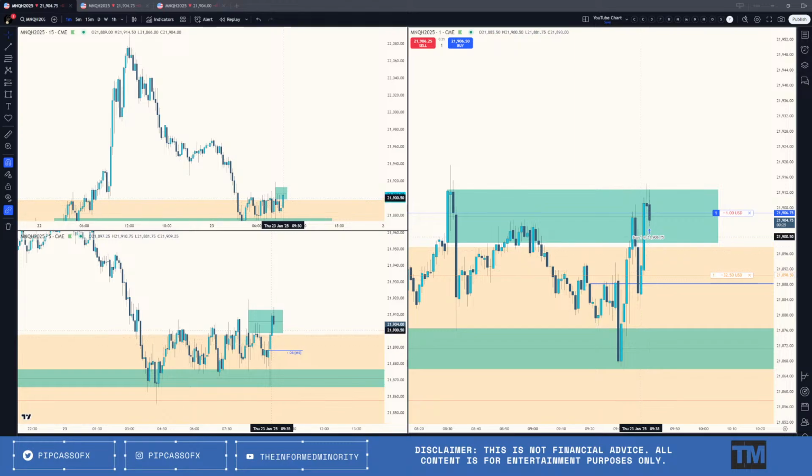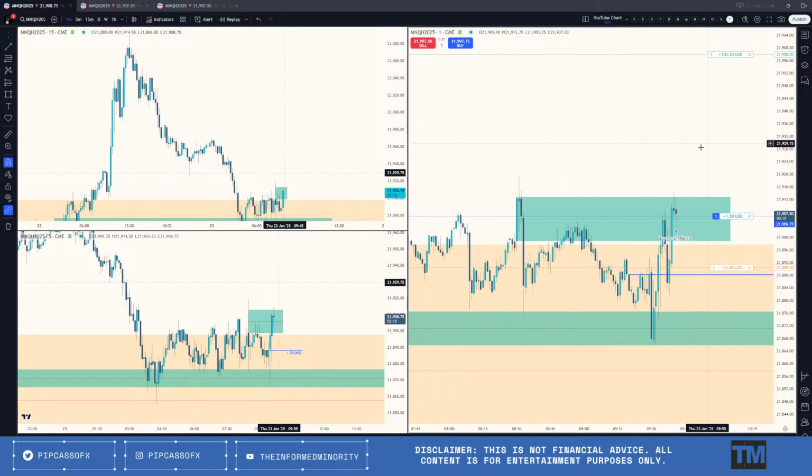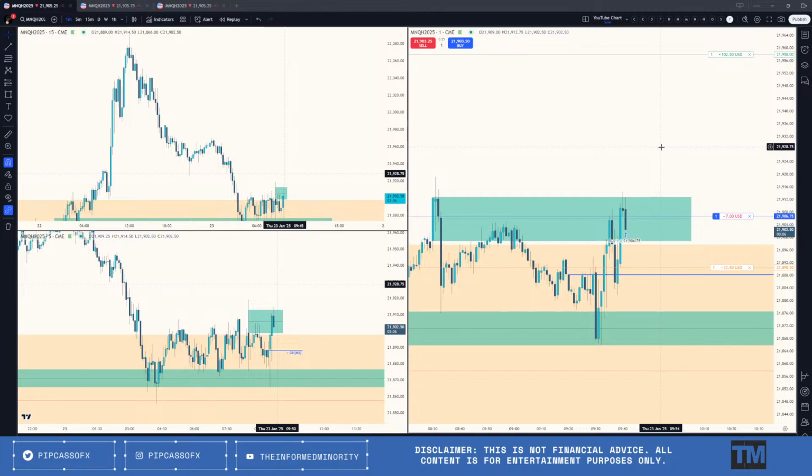Win or loss, that's the trade. So it formed at 9:39. So that's what I'm looking for, and then I just target 50 handles. So that's essentially all I'm looking for in my trades.